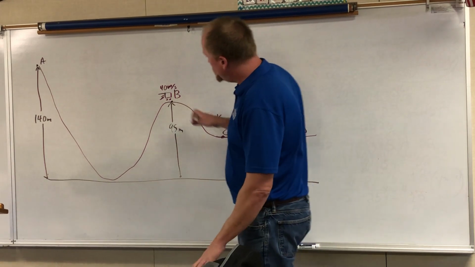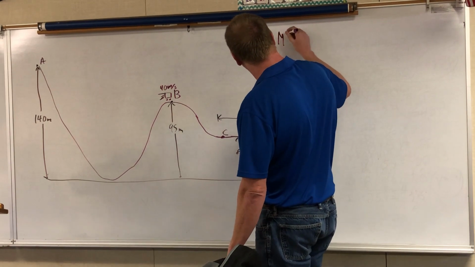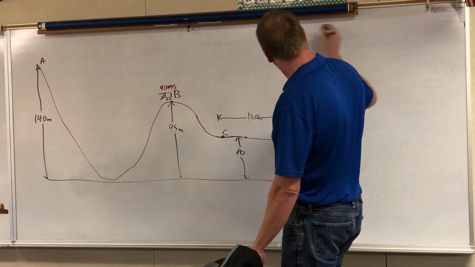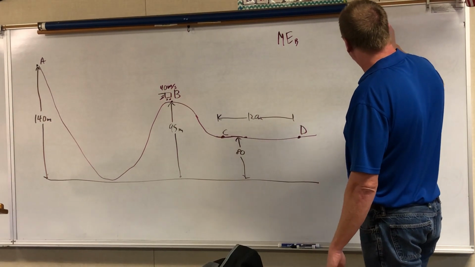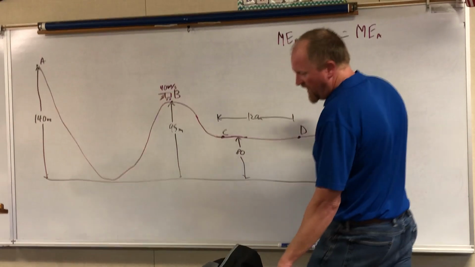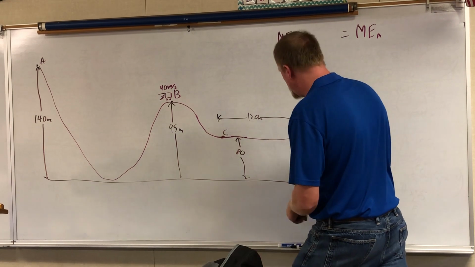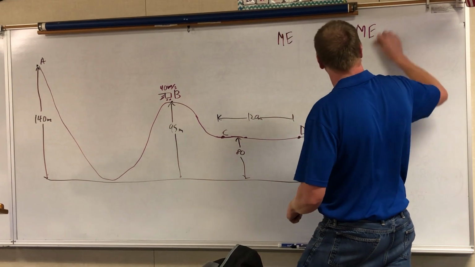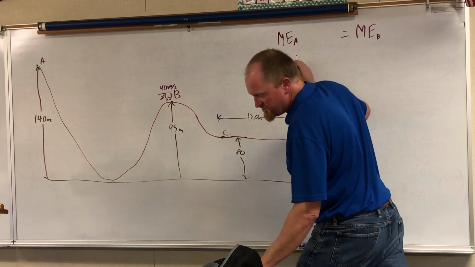Okay, so start out. What do we know? We know the mechanical energy at A is equal to the mechanical energy at B. Actually, I wrote it down differently in my notes, so I'm just going to change it. It's going to reduce the confusion.